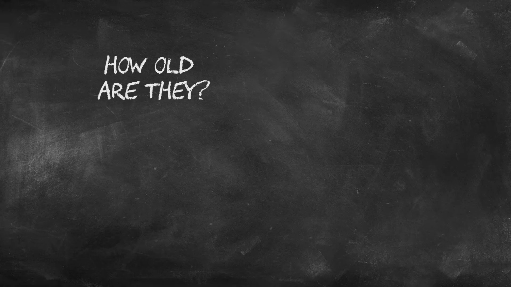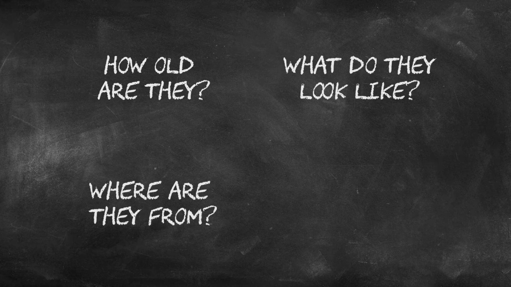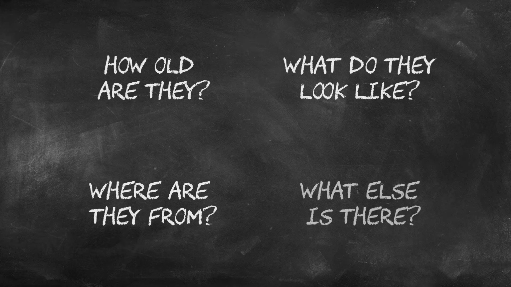Now that we know our character and its name, we can think up more details by asking ourselves some important questions. Here are some questions to get started with. How old is your character? What does your character look like? Where is your character from? Is there anything else you want to include about your character?